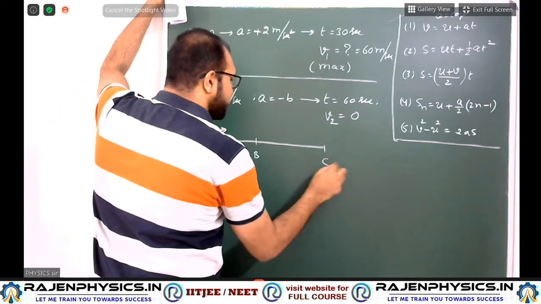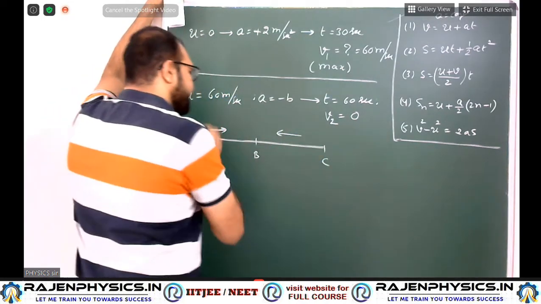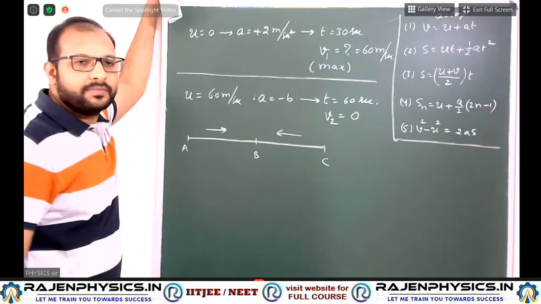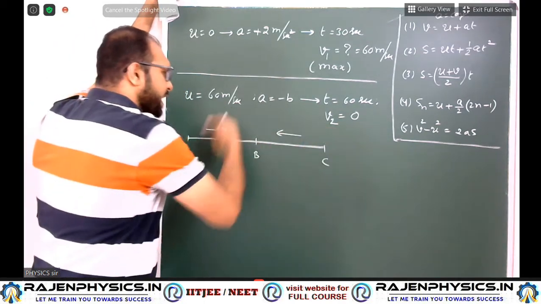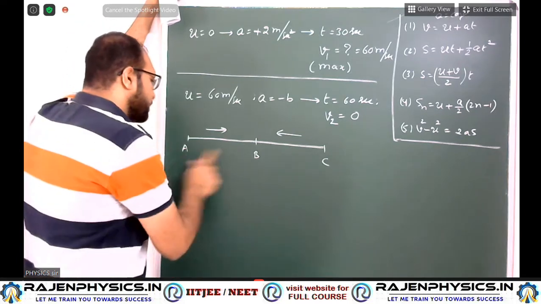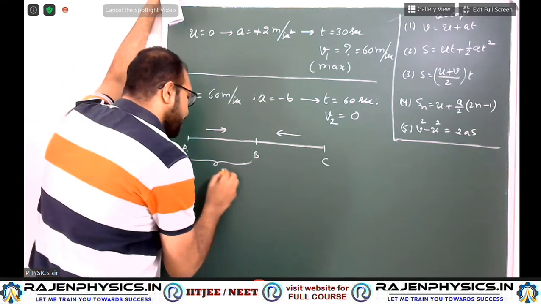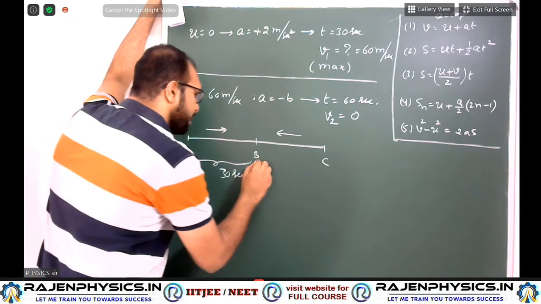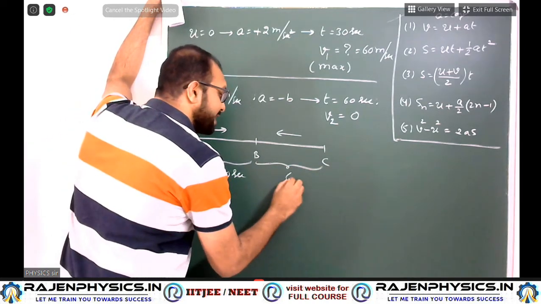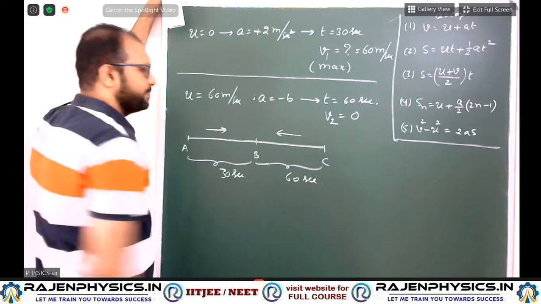Later from B to C, retardation this side, back side. So acceleration, retardation. Here to here time is 30 seconds. Here to here time is 60 seconds.